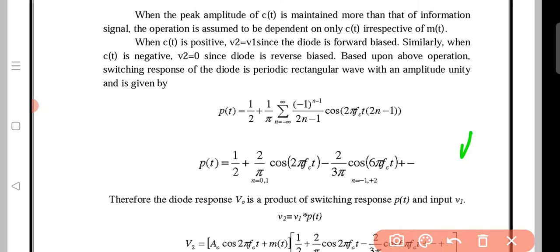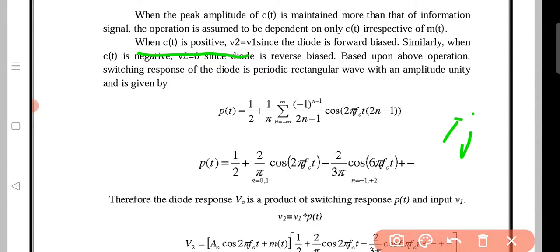We know the diode is forward biased when the positive peak is present at the anode side. So when c(t) is positive, meaning the positive going cycle of the carrier wave is present, then v2, the output of the diode, is completely v1. When c(t) is negative, meaning the negative going cycle of the carrier signal is present, then it will be 0.